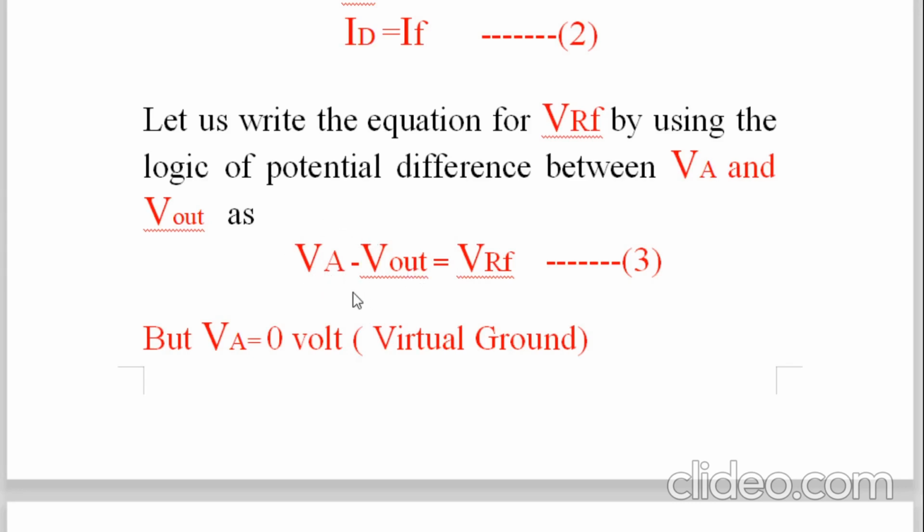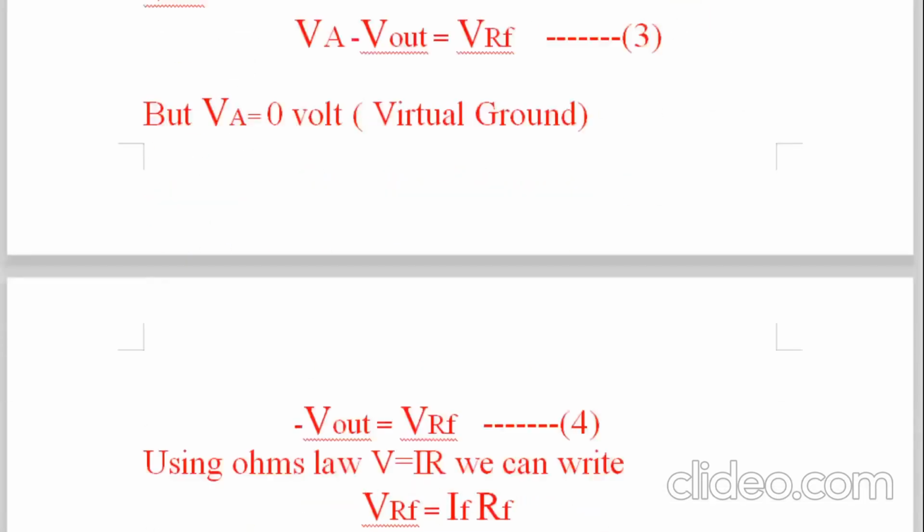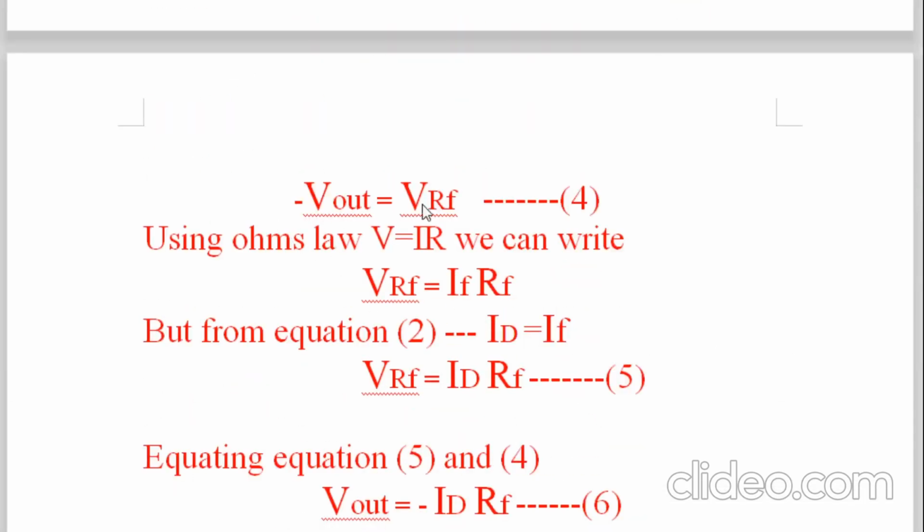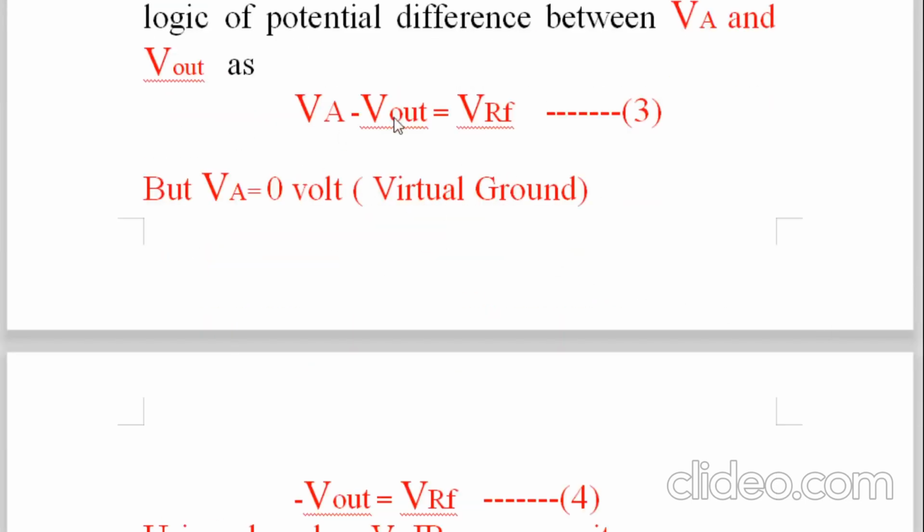So this is important. Otherwise, the minus sign you will not get. So VA minus Vout is equal to VRF, but VA is equal to 0 volt. Therefore, minus Vout is equal to VRF. We have simply put the 0 here, and minus Vout is equal to VRF.